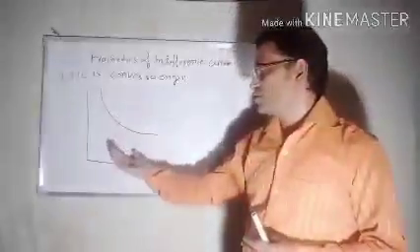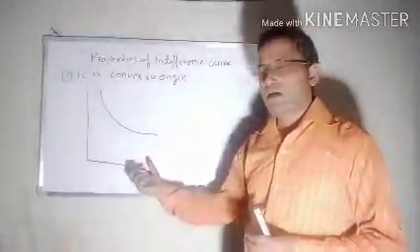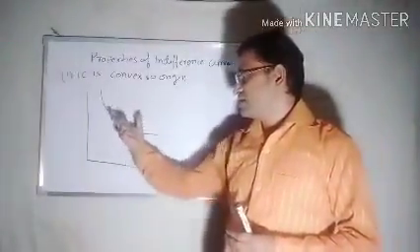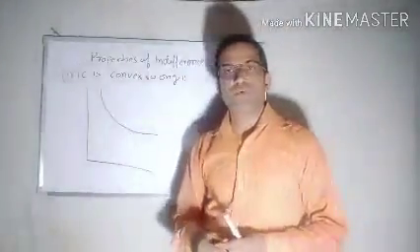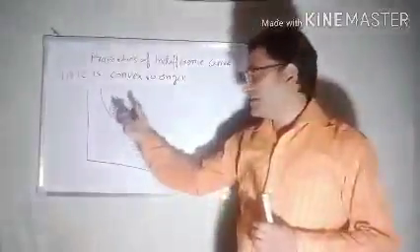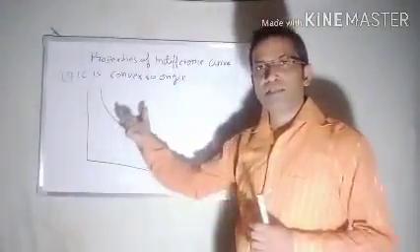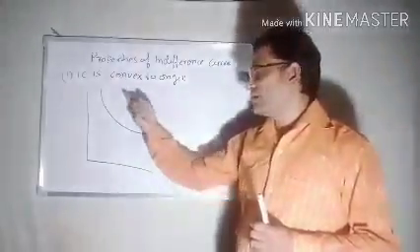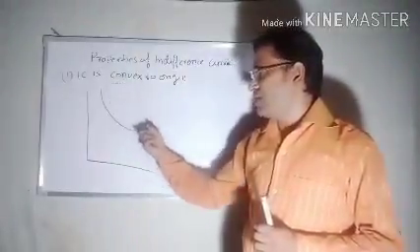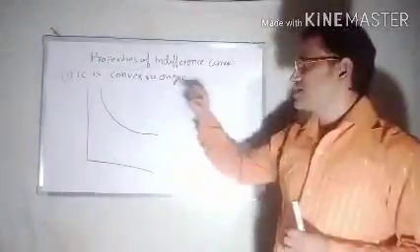When he is trying to increase the quantity of good X, he has to reduce the quantity of Y. The rate at which he is exchanging the products is called the marginal rate of substitution. Because of that, the IC is declining from left to right, that is, IC is convex to origin.